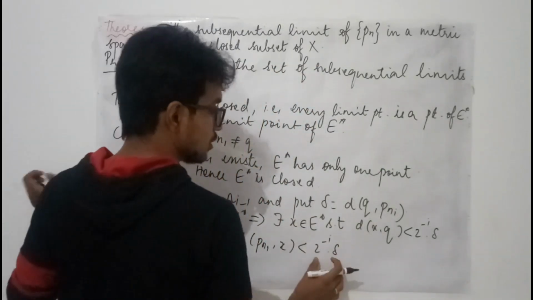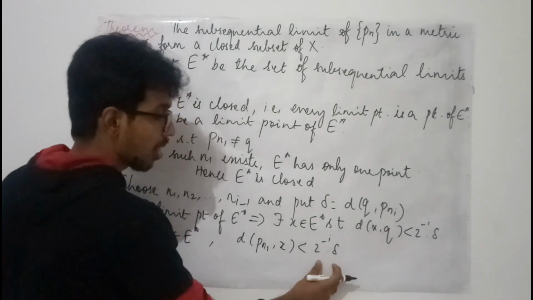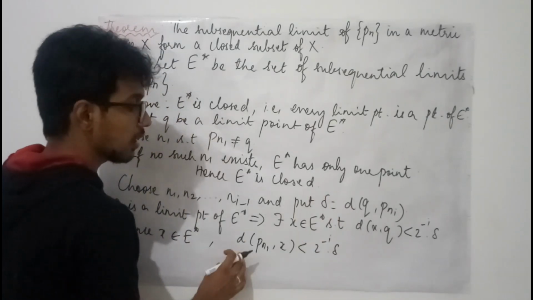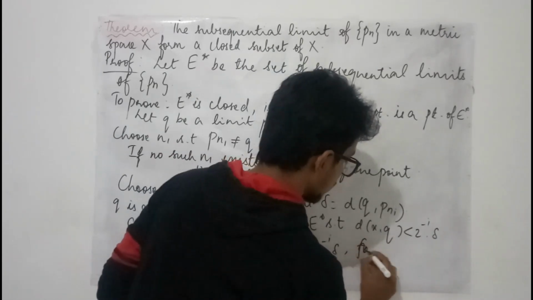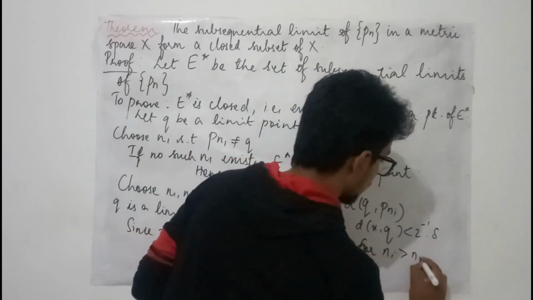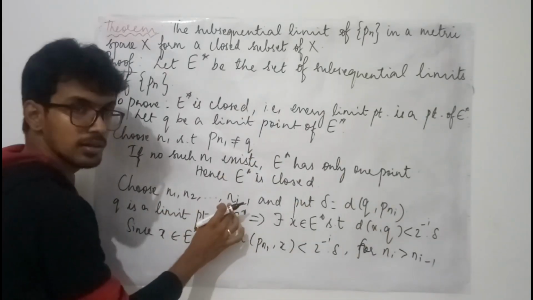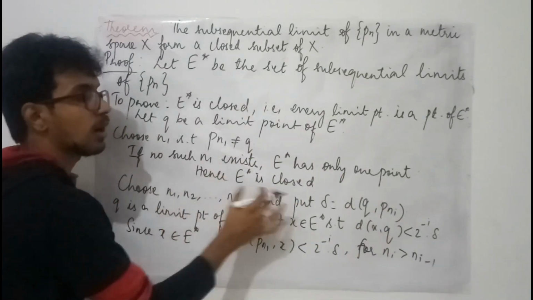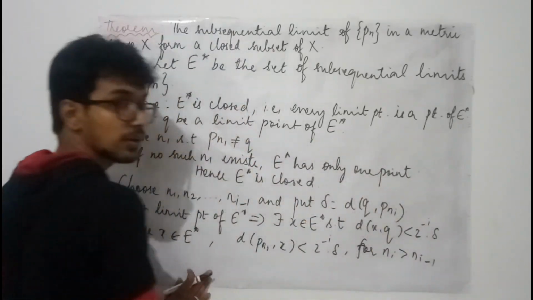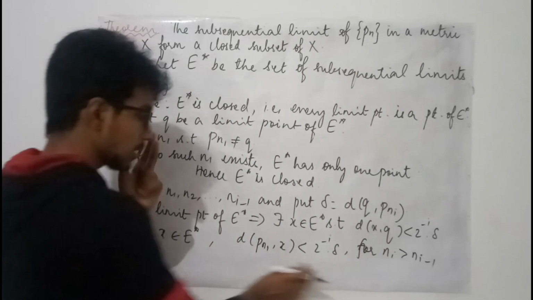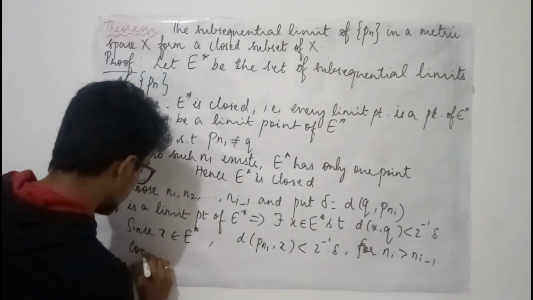When I choose this as my epsilon value, I am able to identify a stage, for ni bigger than n(i minus 1). After this stage, let us see what is happening.